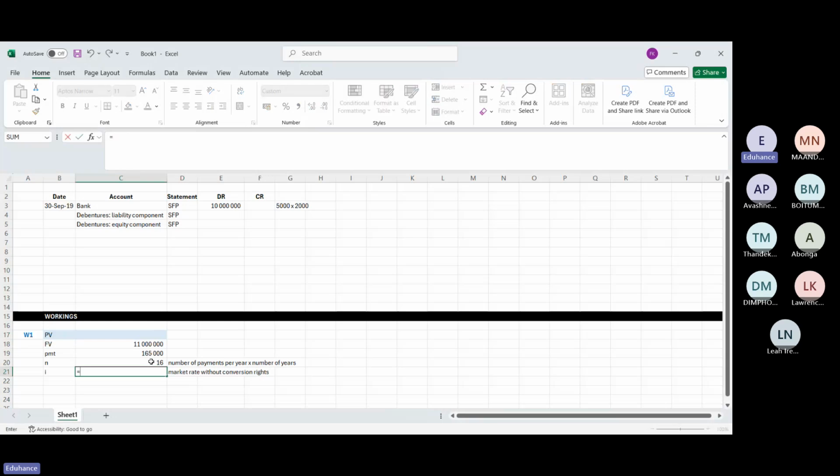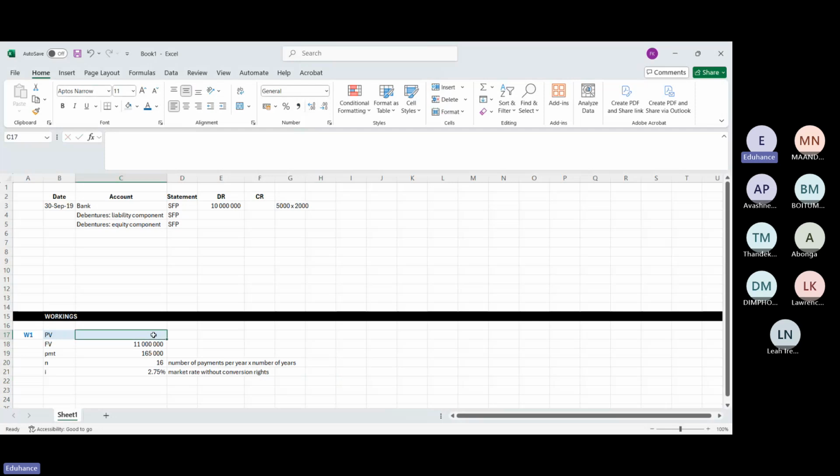What's important to take note of, though, is that this 11% is a per annum rate, but we need to make sure it's in line with N, so we need to divide it by 4. So it's 2.75 per quarter.